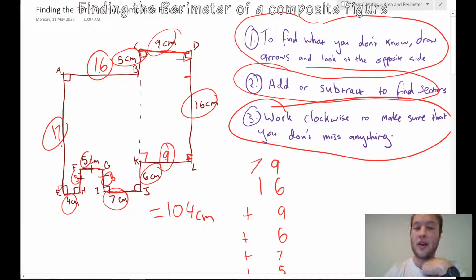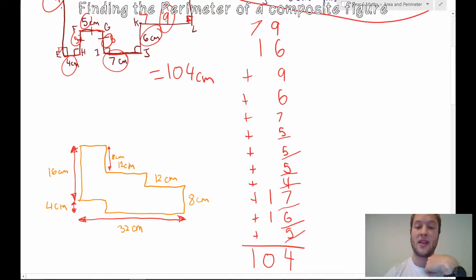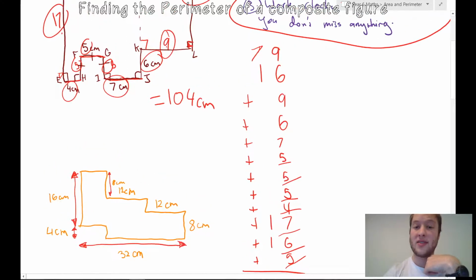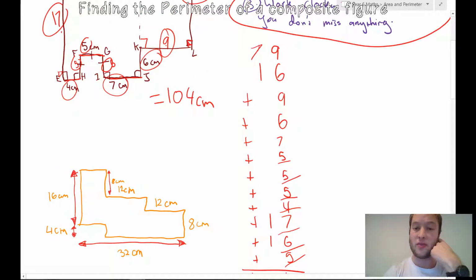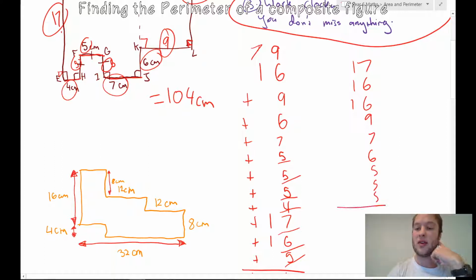And probably a good idea to do it again just to make sure I don't make a mistake, because it would be very easy to make a mistake here. What you might find easier is to rewrite your numbers from biggest to smallest. So start with 17, then 16, then 16, then 9, 7, 6, 5, 5, 5, and so on. That might make it easier. Or potentially you just do it in sections.